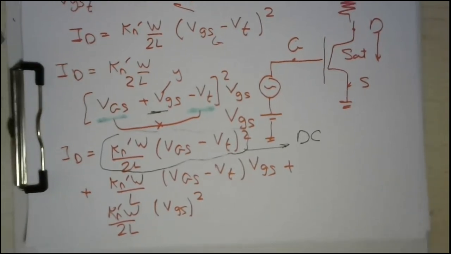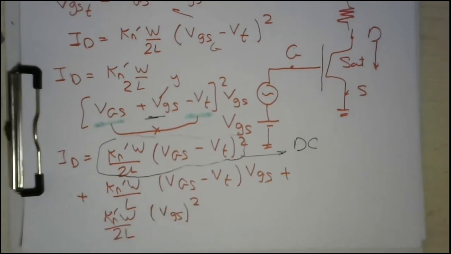Kn dash W over 2L is a constant, and VGS capital is a DC, V threshold is a DC, then it's a pure DC component. So as far as we are implementing an AC analysis, we can neglect any DC component.